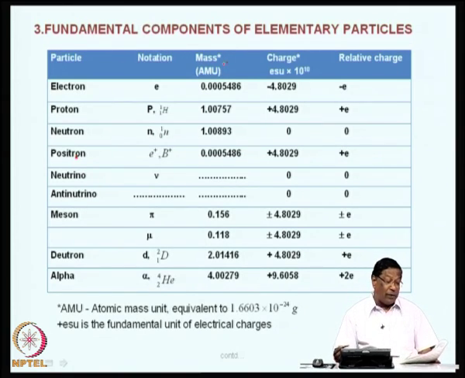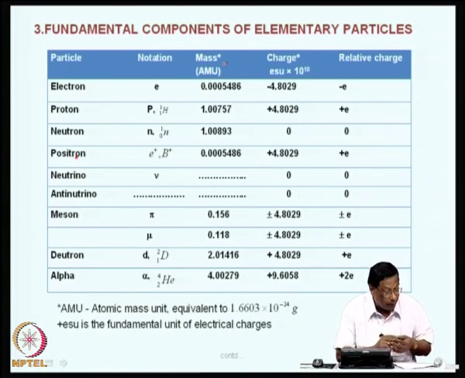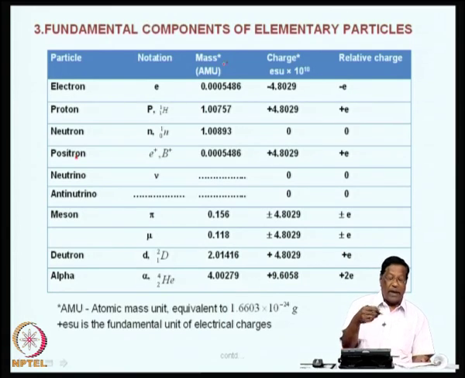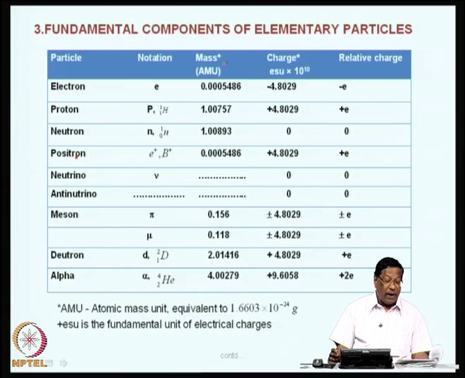Even though the independent existence of a neutron particle was predicted around 1920, it was Chadwick in 1932 who definitively proved that bombardment of light elements such as lithium, beryllium, etc., with alpha particles, that is helium atoms, gives rise to a penetrating radiation which consisted of neutral particles of approximately unit mass, corresponding to the reaction of beryllium with helium going to carbon and a particle of no charge.